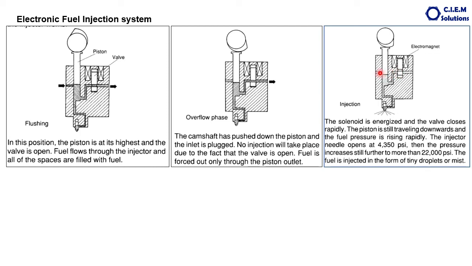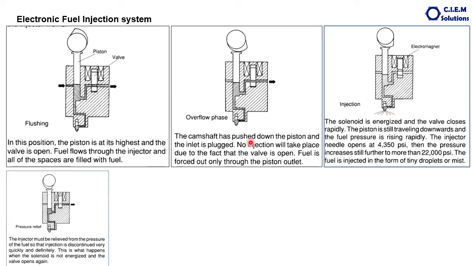It is closed here, it is closed here. Whatever fuel is there has to pass only through the injection needle valve because of this high pressure. The injection needle valve is lifted here, and as I told you, pressure up to 30,000 psi is created and injection is performed in fine atomization form.